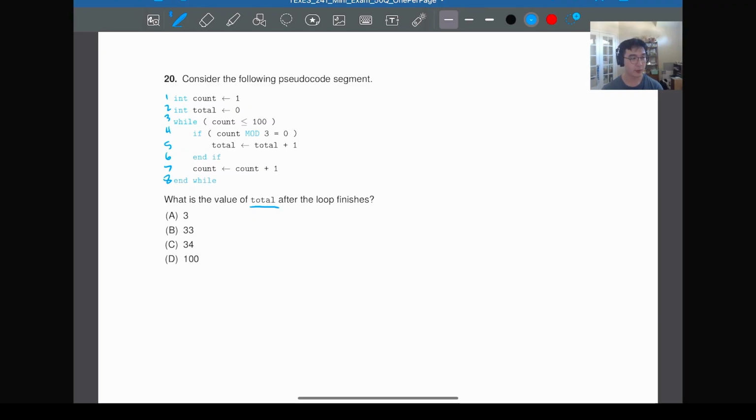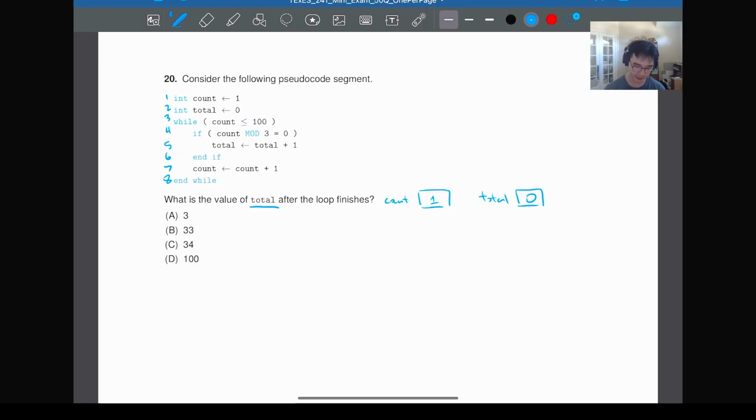And we start with count being 1 and total being 0. And I'm going to go ahead and draw it like this. There are many ways you can keep track of your variables and the values. I've shown you 2 methods already with the for loops. I'm going to show you a third way, I guess, for this problem.